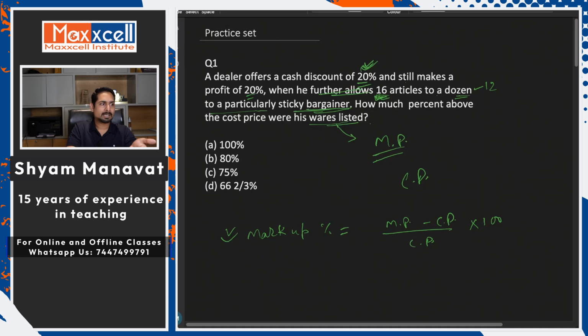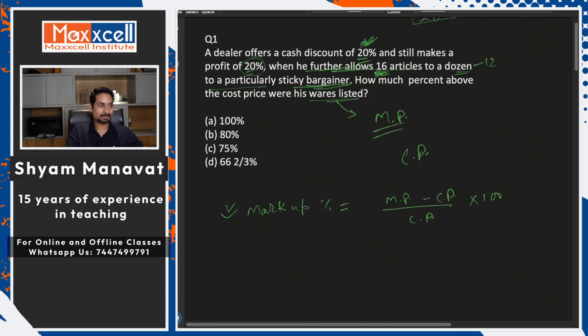If I replaced the second statement, saying he gives a discount of 20% and further a discount of 10% and gets a profit of 20%, we would have a sequence, a series of discounts. We have discussed this concept in our concept builder video. I hope you remember that.